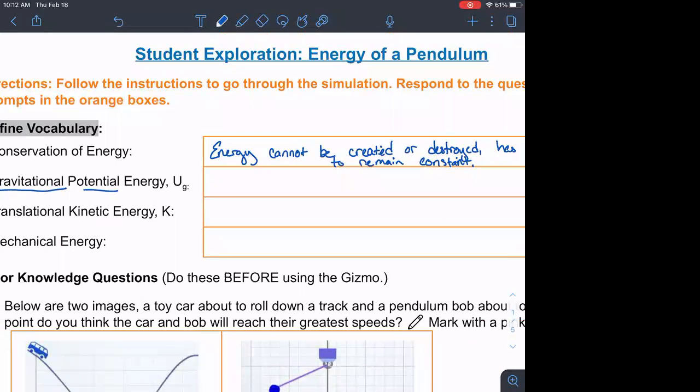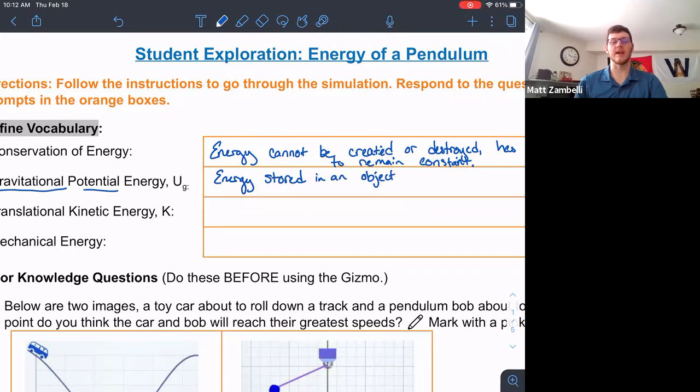The energy stored in an object. Perfect. The energy stored in an object.